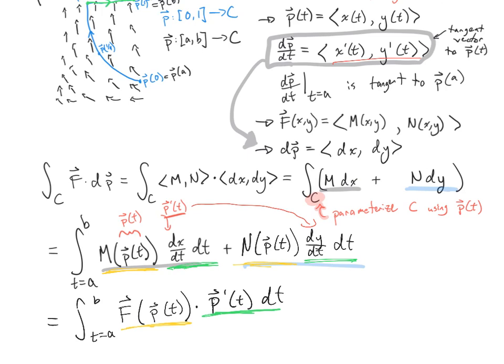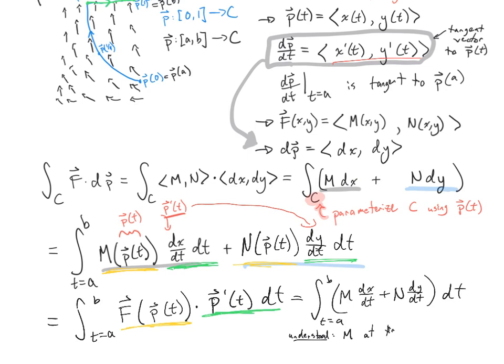So sometimes people like to suppress the p coordinate, and so maybe you could rewrite this as the integral from t equals a to b of m dx dt plus n dy dt, dt, and it's just understood that m at time t is m of p of t.